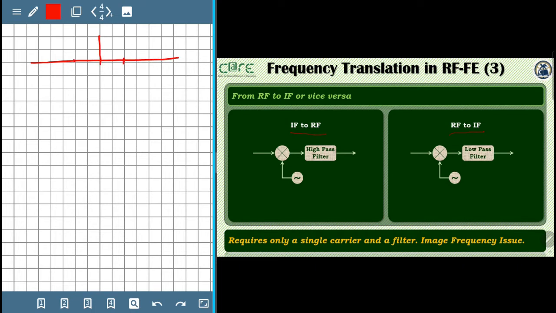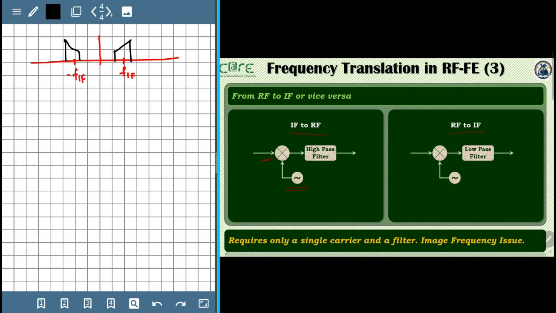So let's say this is our F_IF and minus F_IF. The signal spectrum is being drawn in black color, and it looks something like this. This signal is being multiplied with the signal from the local oscillator.